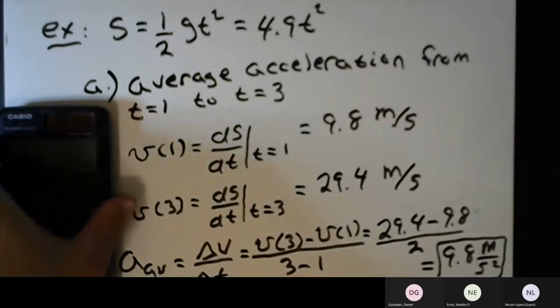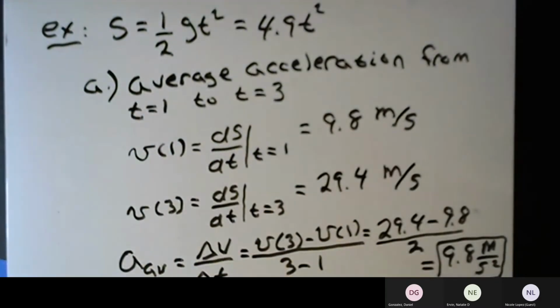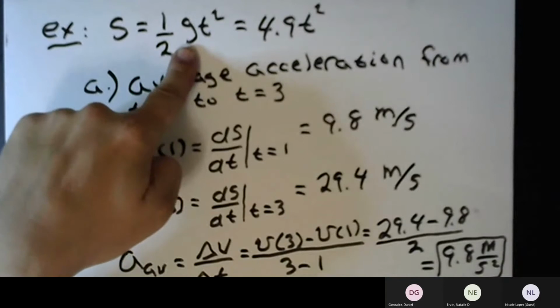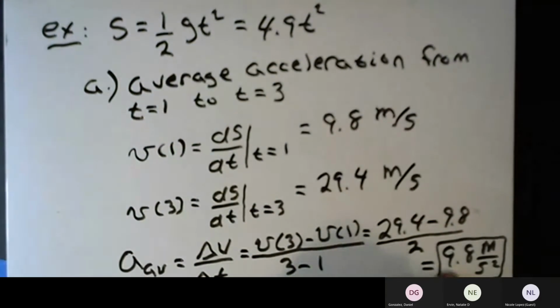Now, this might seem not too significant, but this should be what we get. You see, the G value for the metric system is 9.8. And we're going to find out in a little bit why this is a significant find. But so far, we've calculated average acceleration.